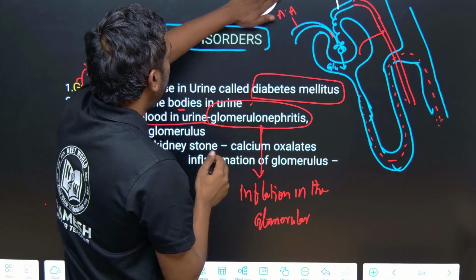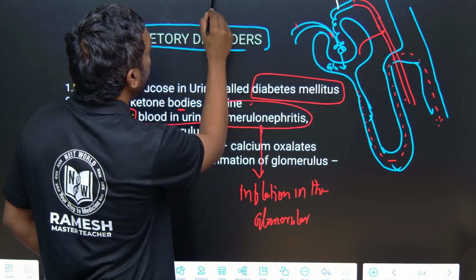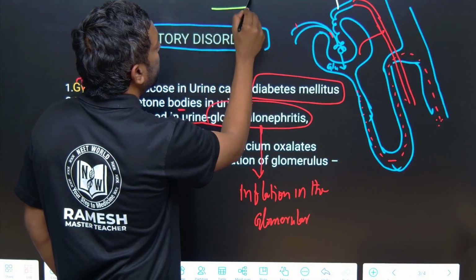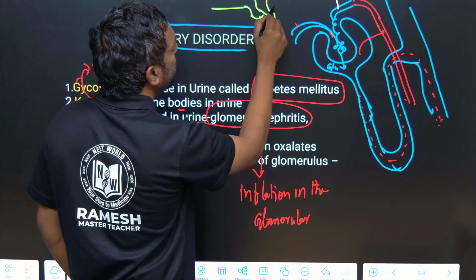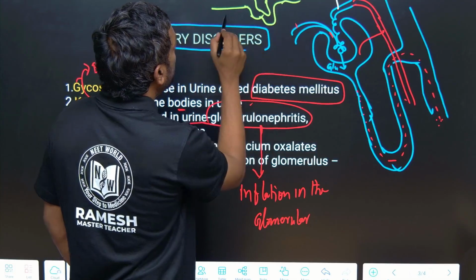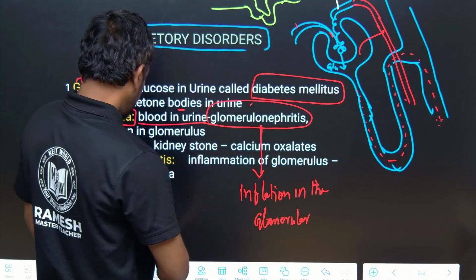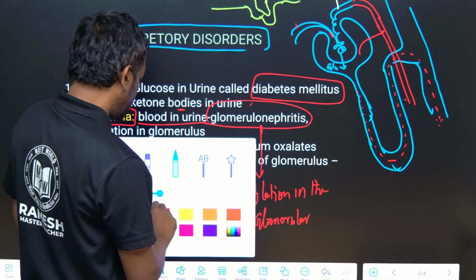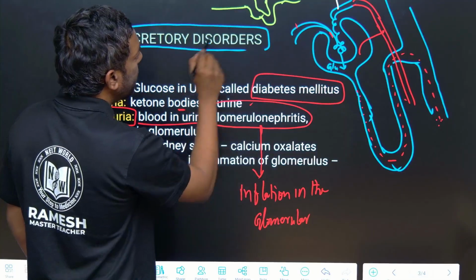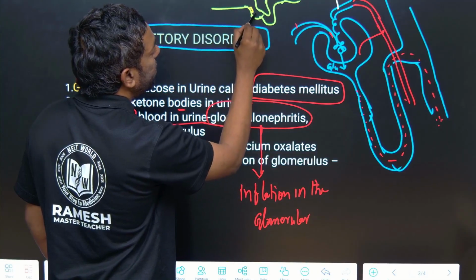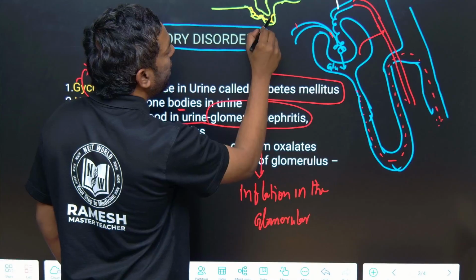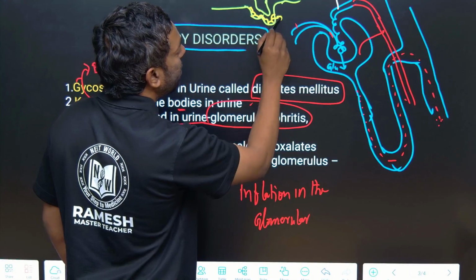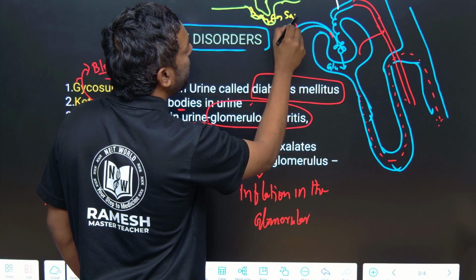This is the capillary that enters into the Bowman's capsule. Endothelial cells are modified epithelial cells, meaning modified squamous epithelial cells.